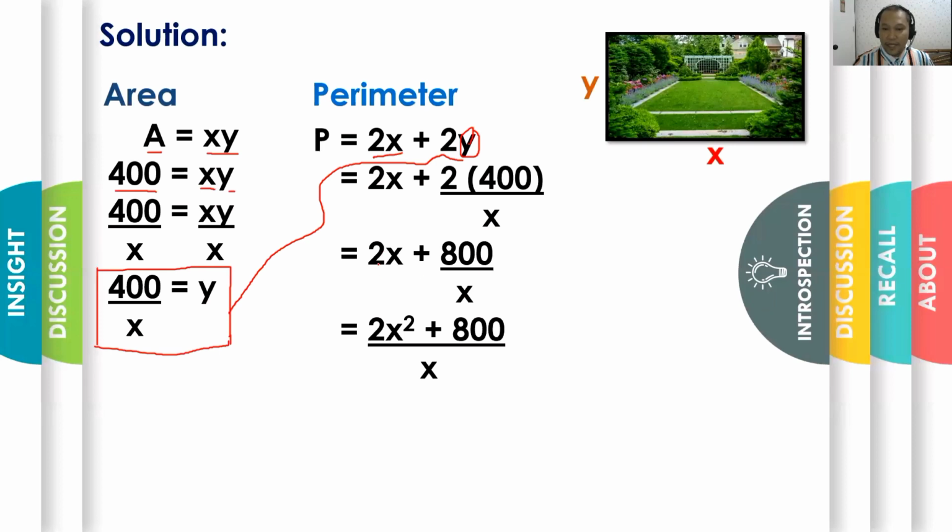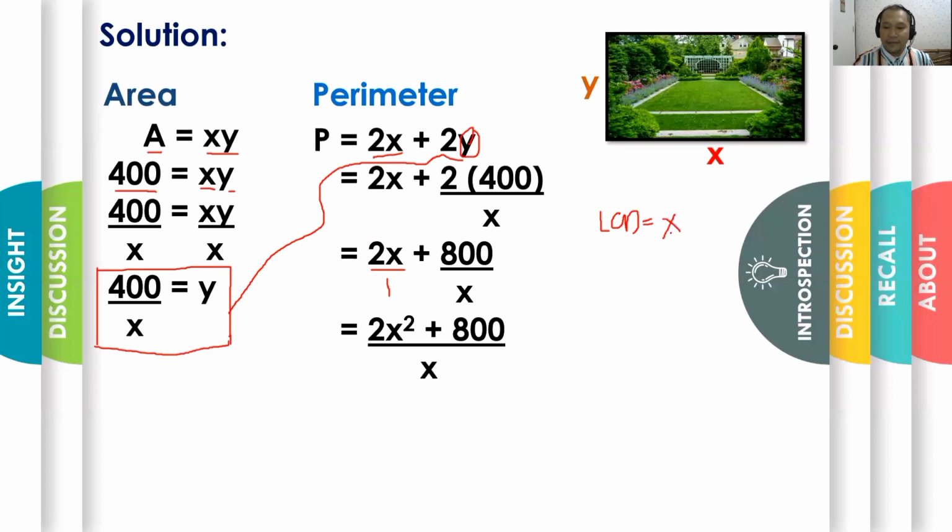And remember, 2x can be written as 2x over 1. And we now have 2x all over 1 plus 800 all over x. And these are dissimilar expressions. When you are going to simplify dissimilar expressions, you have to get the LCD. And our LCD here is the product of 1 and x, which is x.